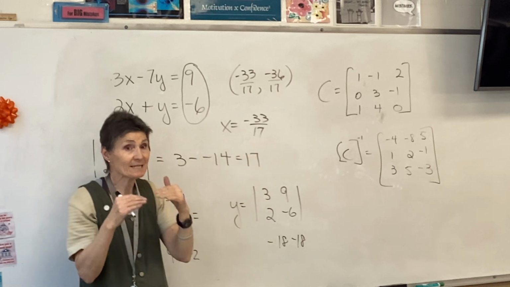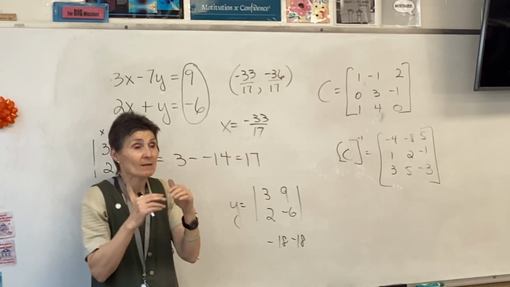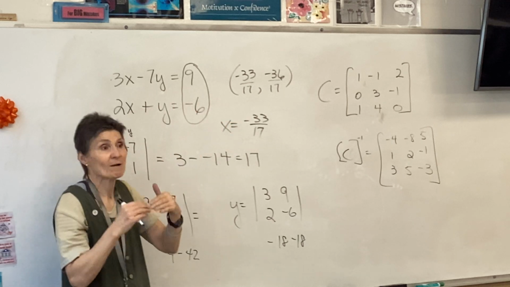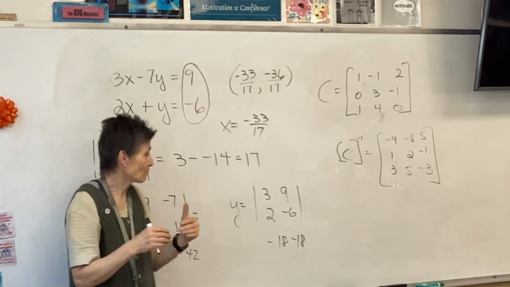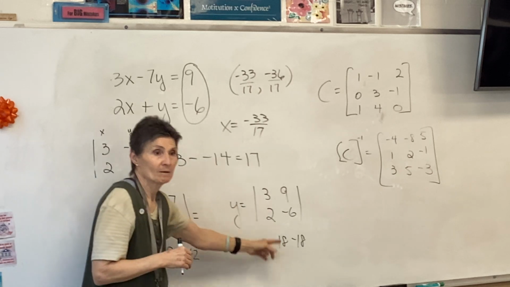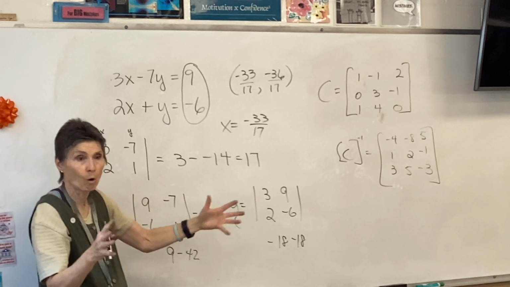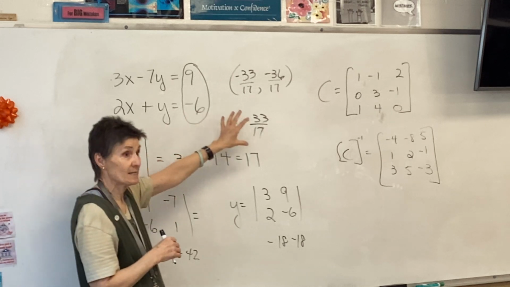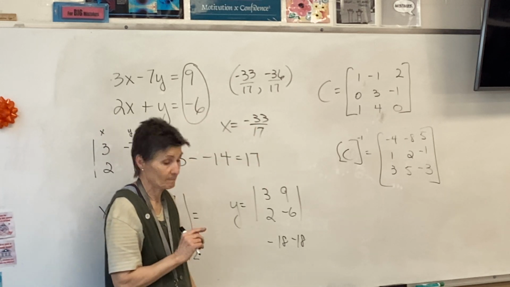So here's the nice thing about Cramer's rule. The answers can be as hideous as imaginable, but you never do anything with the answers. Everything you're dealing with is subtraction, multiplication, whole numbers, right? So the arithmetic is a lot easier with Cramer's rule.